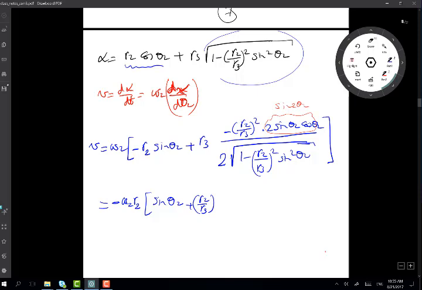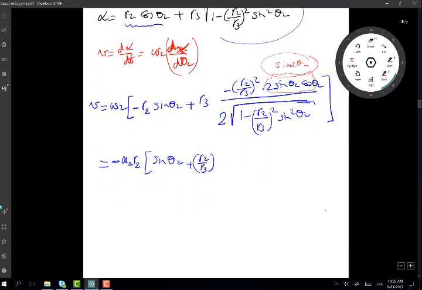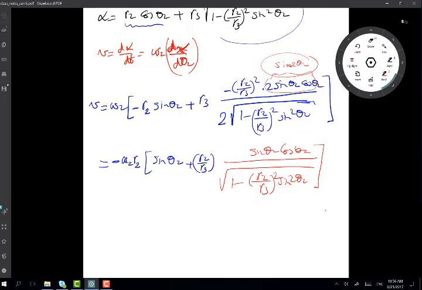You can do it like that, or you can leave it if you like. That's not a problem. If you decided to leave that, you can just go: sine theta 2 cosine theta 2 over the square root of 1 minus r2 over r3 squared sine squared theta 2. And this will give me an expression for the velocity of the slider.